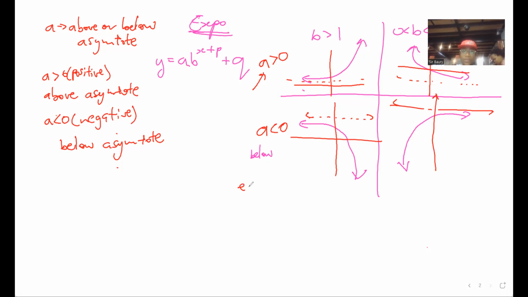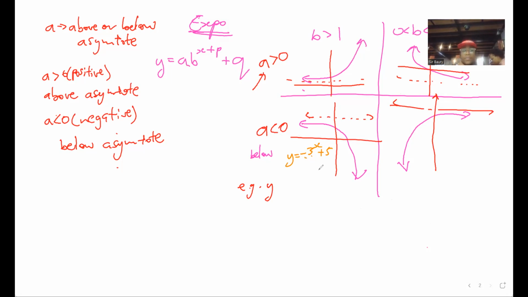You have examples. Example here, we have b. I'll start with this one here. Y is equal to negative 8, b is greater than 1, 3 to the x plus 5 maybe, right? So a is negative, b is positive.